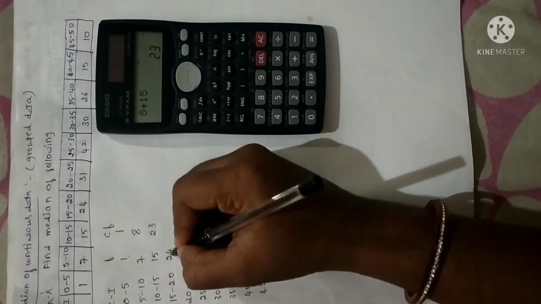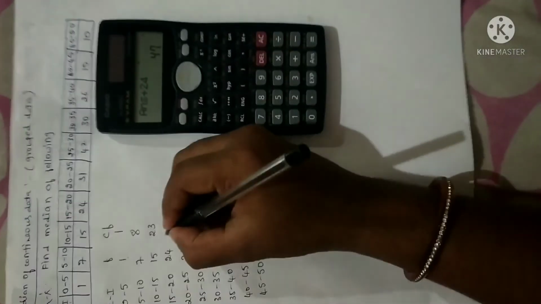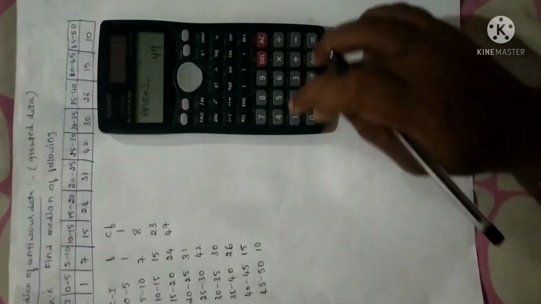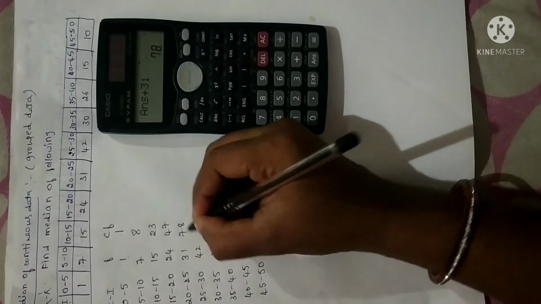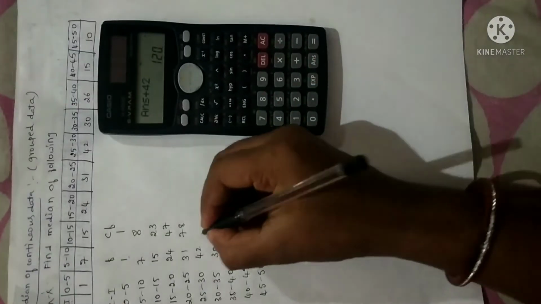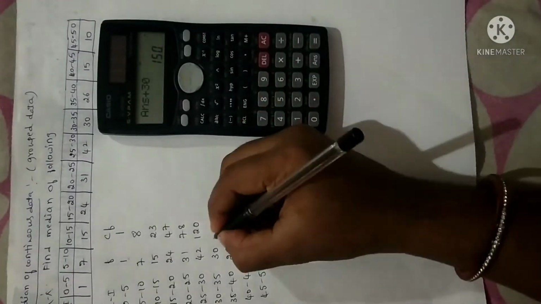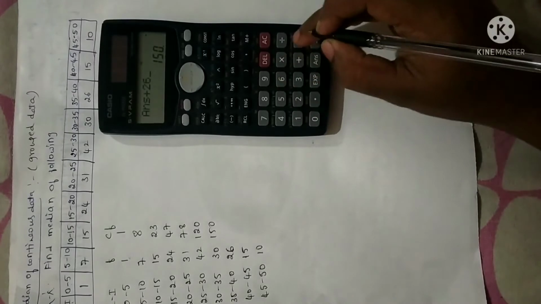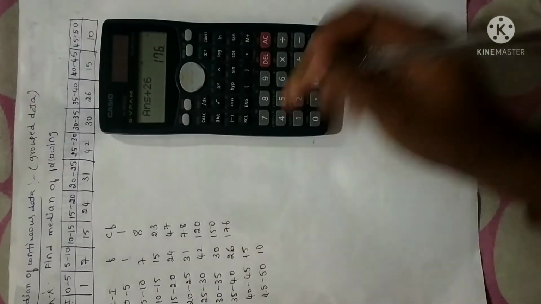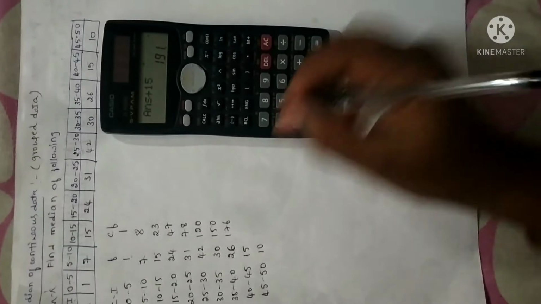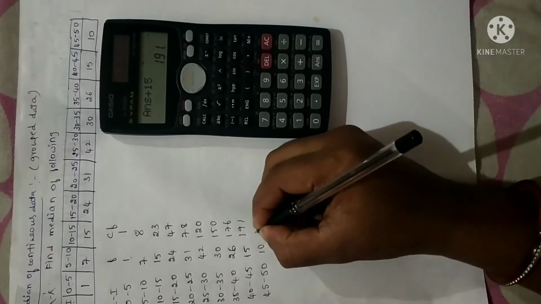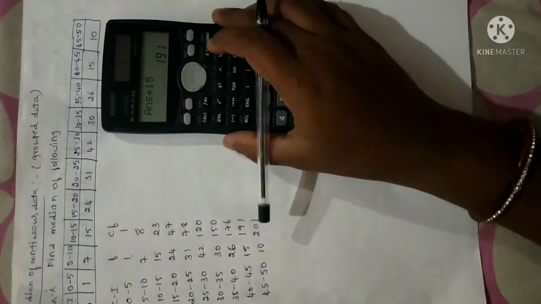Next 23 plus 24 gives 47. 47 plus 31, 78. 78 plus 42, 120. 120 plus 30 is 150. 150 plus 26 is 176. 176 plus 15 is 191. 191 plus 10 is 201. So finding cumulative frequency is the same in both methods, whether it is continuous or discrete.